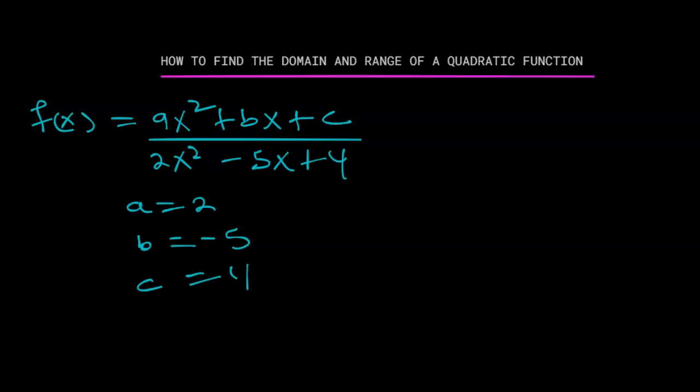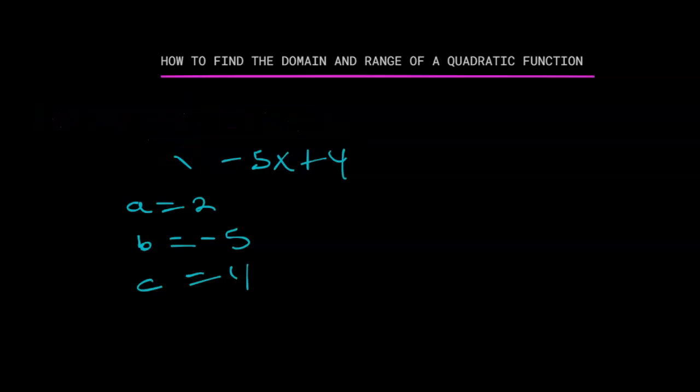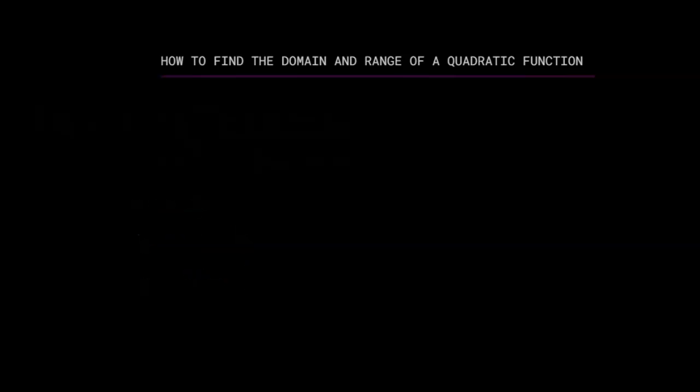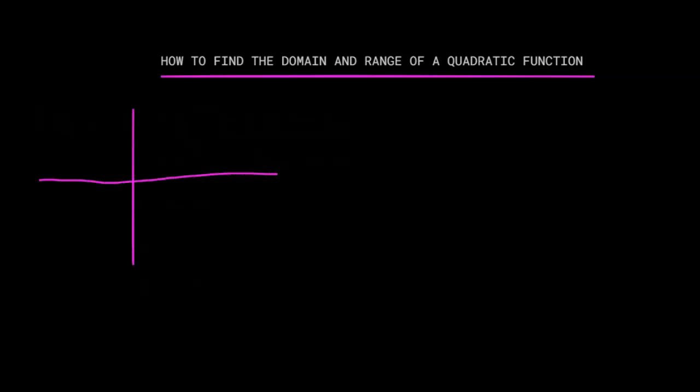And how do you find the domain of a quadratic function? Now first, let's talk about why the quadratic function is a function but not a relation. Every relation that is a function must pass what is known as the vertical line test.